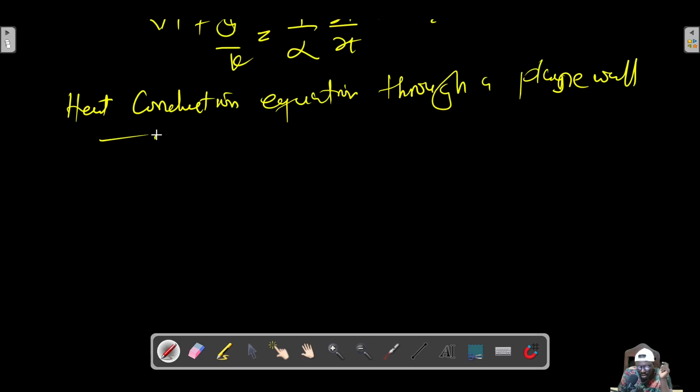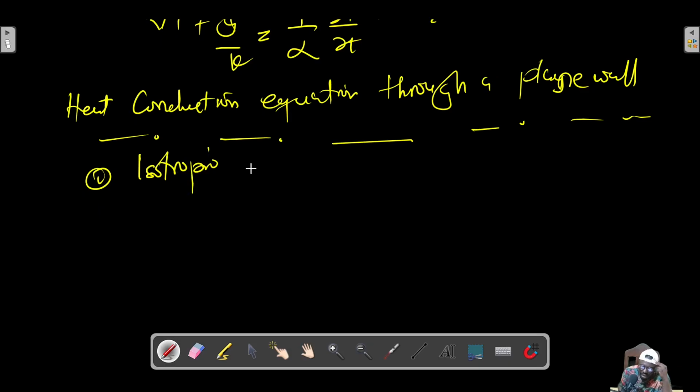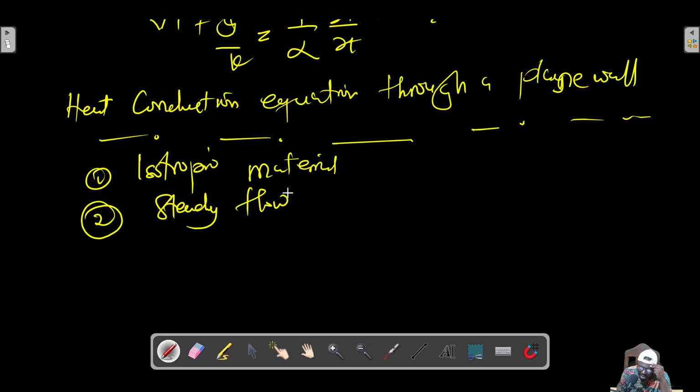Now here we are going to make some assumptions. One, it is obvious our material is isotropic. That is our first assumption. Now what else? We have a steady flow, which is fairly practical. It happens in practice. Steady flow heat transfer. What other assumption can I make?